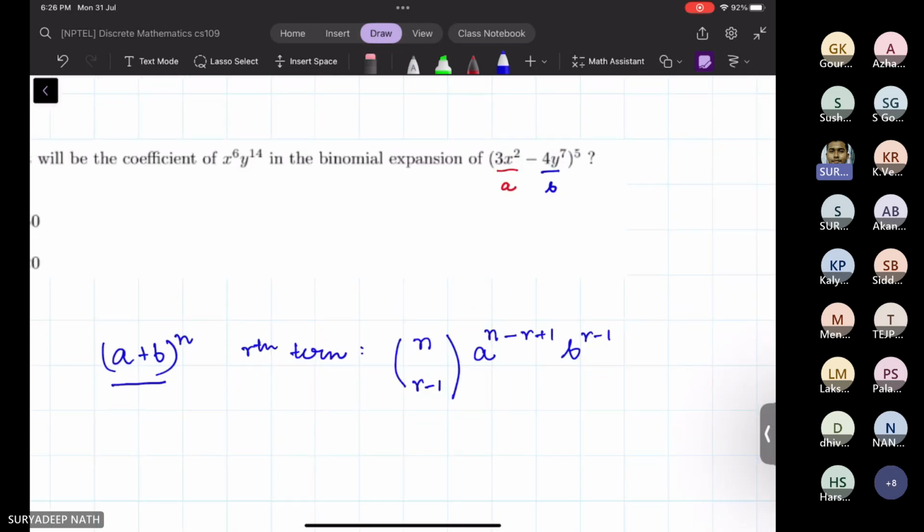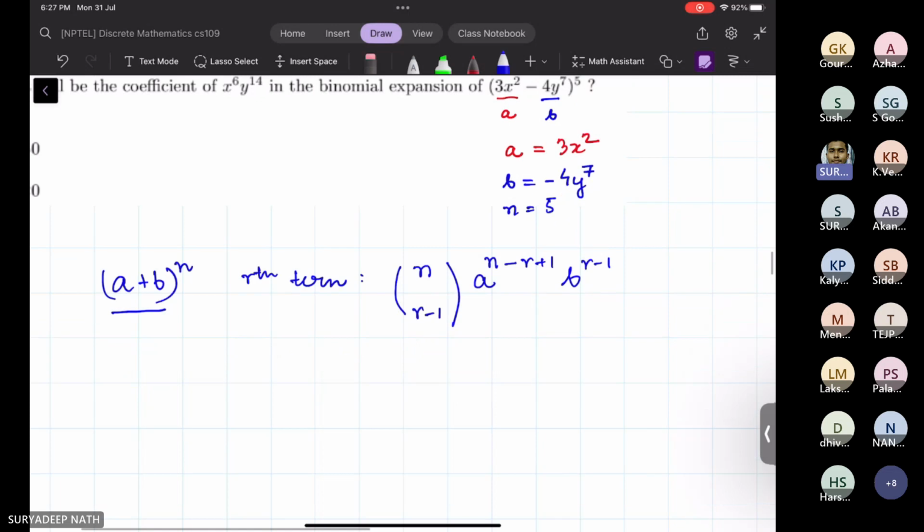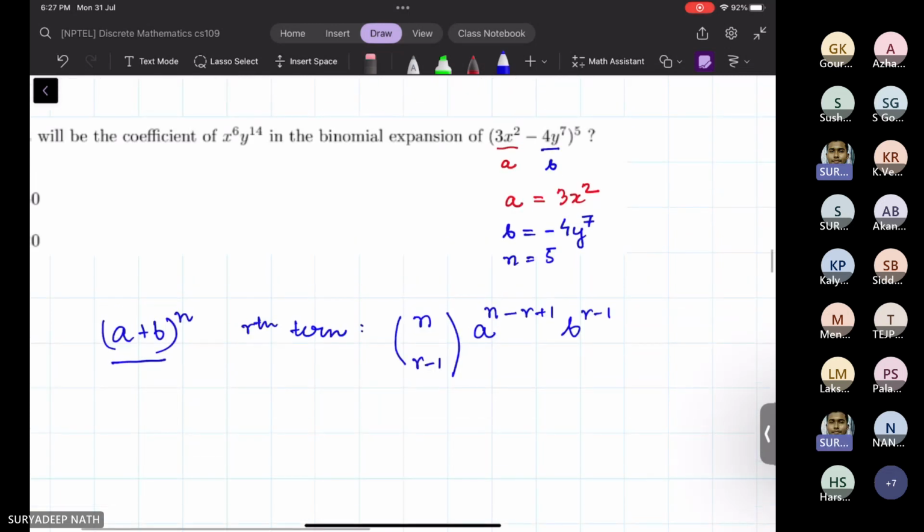So a is 3x square and b would be minus 4y to the power 7 and n is 5. So now we are looking for this coefficient.